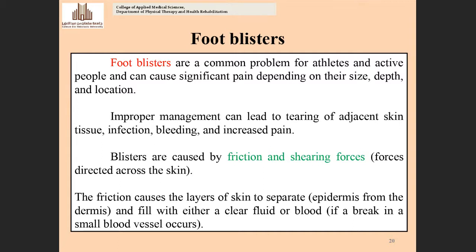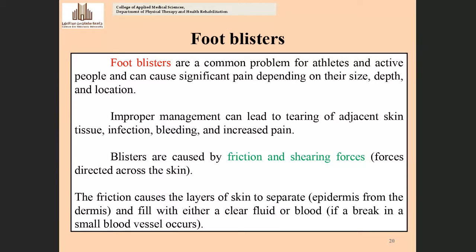It is one of the skin reactions in cases of any type of games or sports. Foot blisters are a common problem for athletes and active people and can cause significant pain depending on their size, depth, and location.